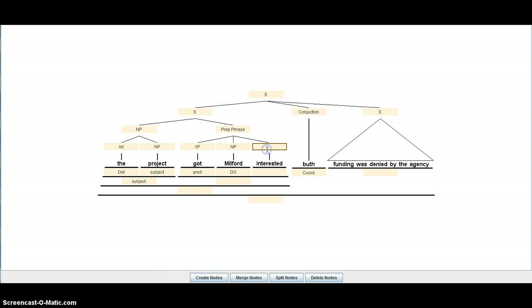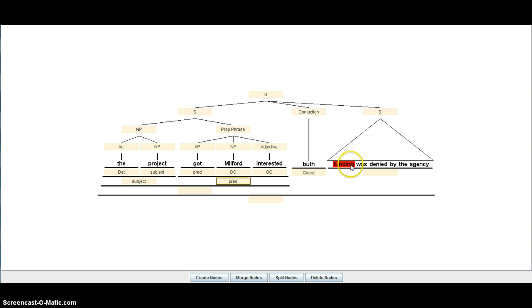It's also an adjective. Got Milford interested, and so that's also predicate.